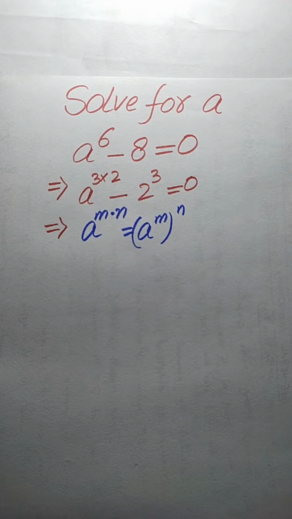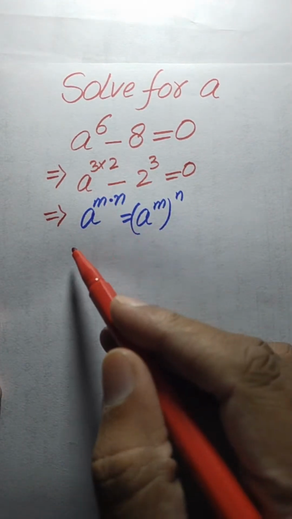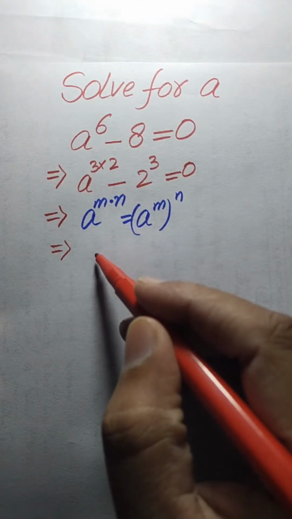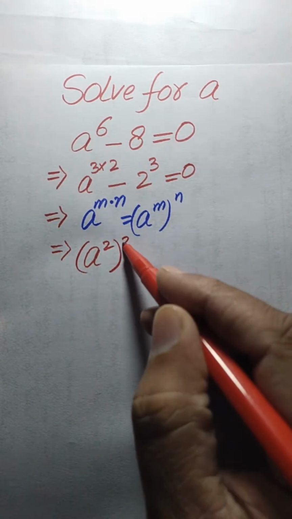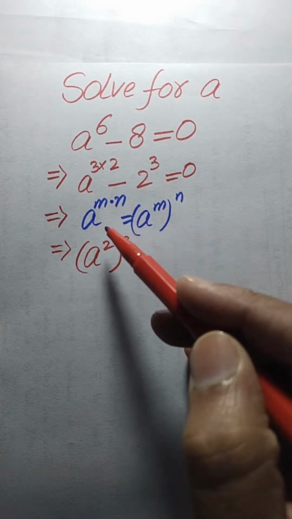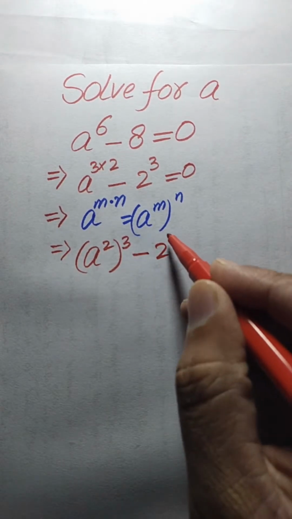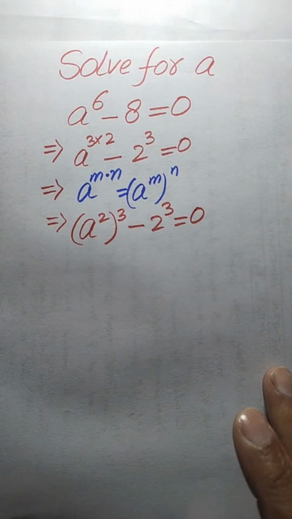So according to this rule of exponents, we use this law in the above equation. This will be written as a to the power of 2 and its whole cubed. Here we move this 2 inside the term, and it will be written in this form: 2 cubed, and the whole equation is equal to 0.